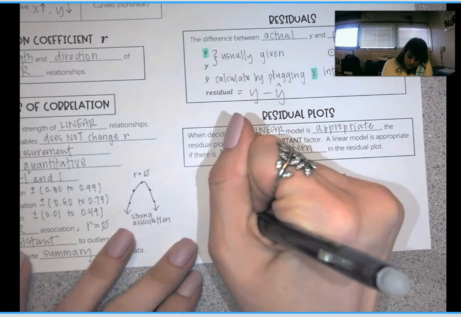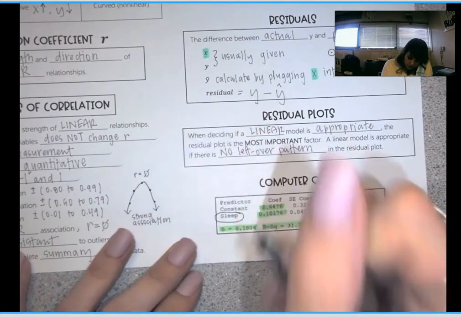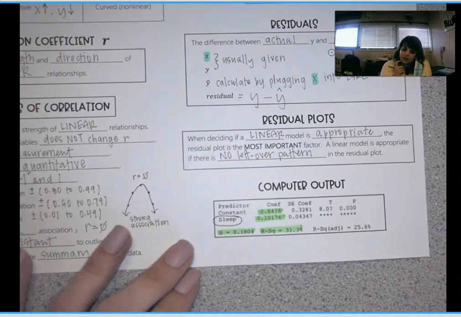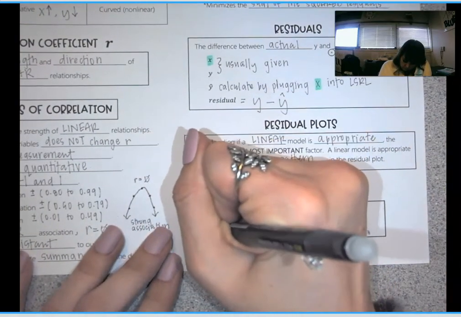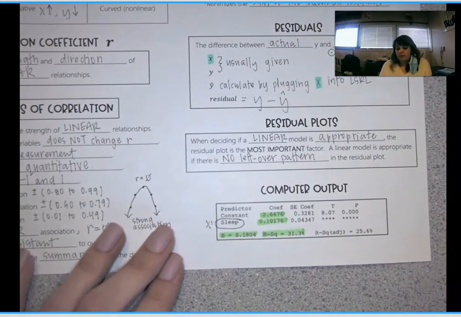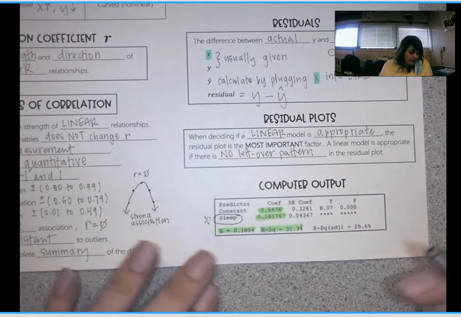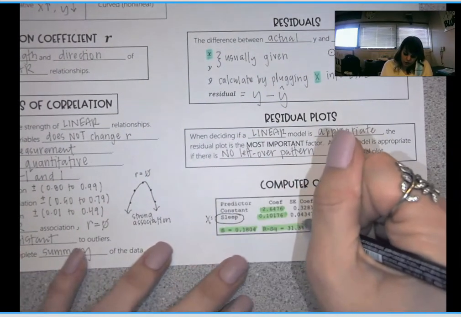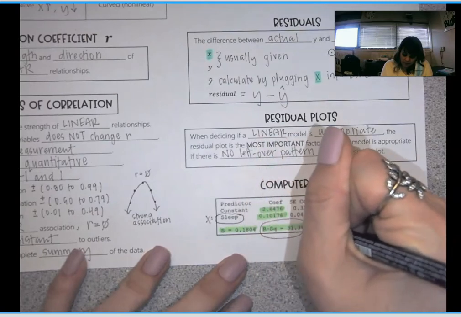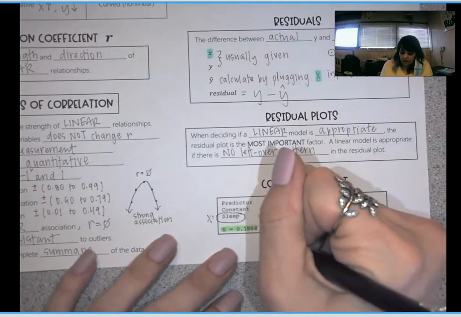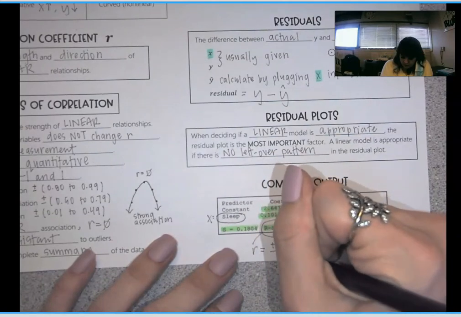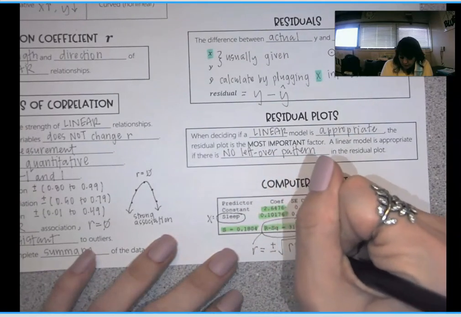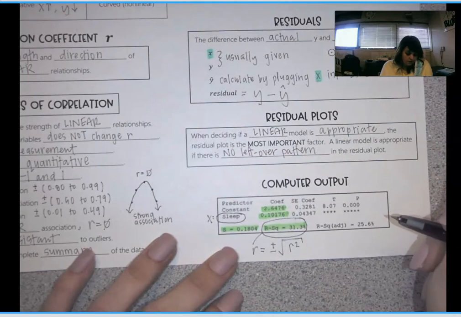This is always the descriptor for your X variable. And then the last thing is you can use this R squared to find R. Remember, it's going to be plus or minus the root of R squared.